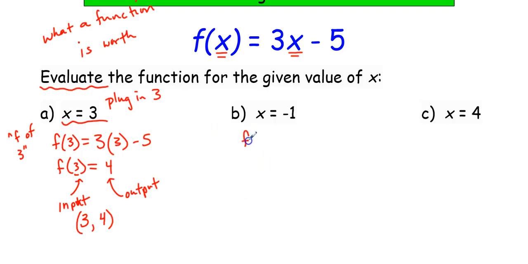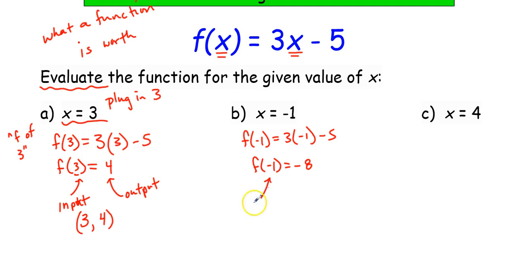I want to look at what f of negative 1 is. In other words, I want to plug negative 1 in and see what my function is worth when x is negative 1. Same thing: 3 times negative 1 minus 5. So when I plug negative 1 in, it's going to spit out a negative 8. My function has a height, or an output, of negative 8.